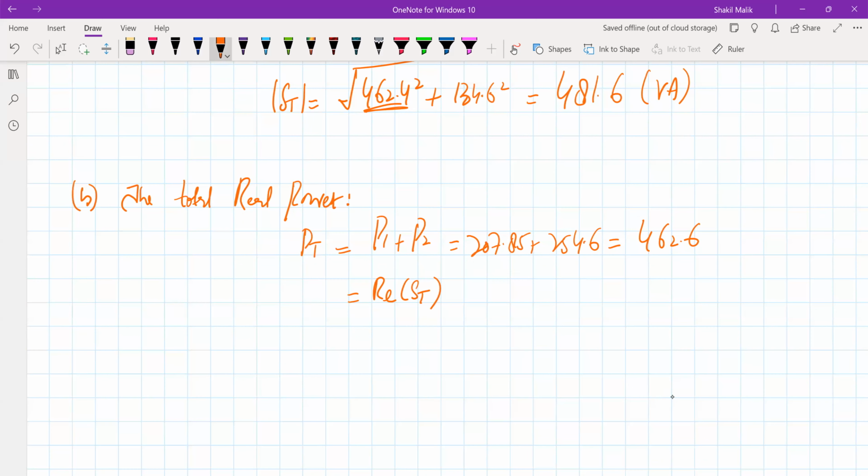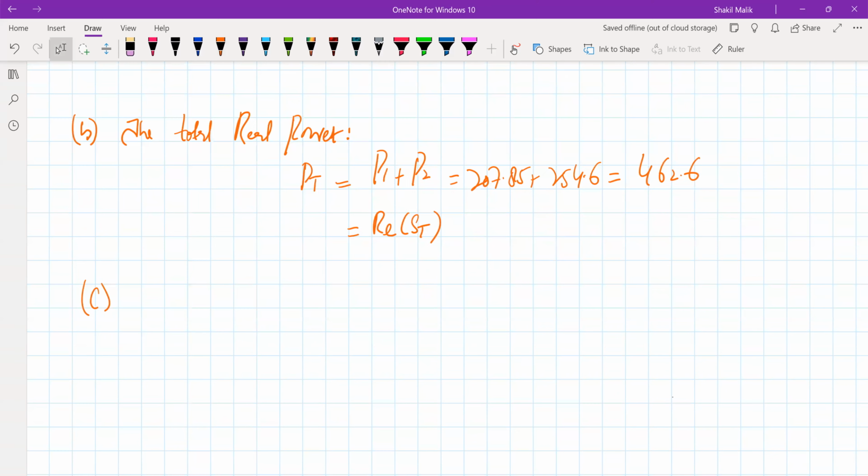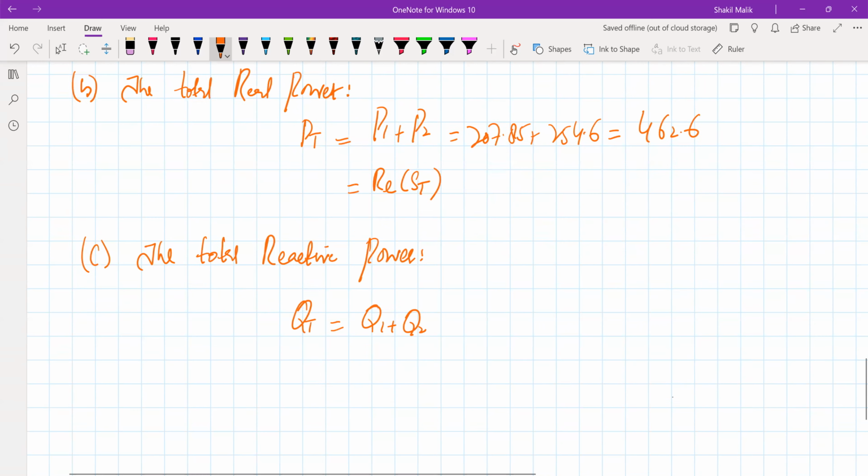All right, the next thing we needed to find is the total reactive power. QT will be simply Q1 plus Q2. Q1 is the reactive power absorbed by the first element, and Q2 is the reactive power absorbed by the second element.